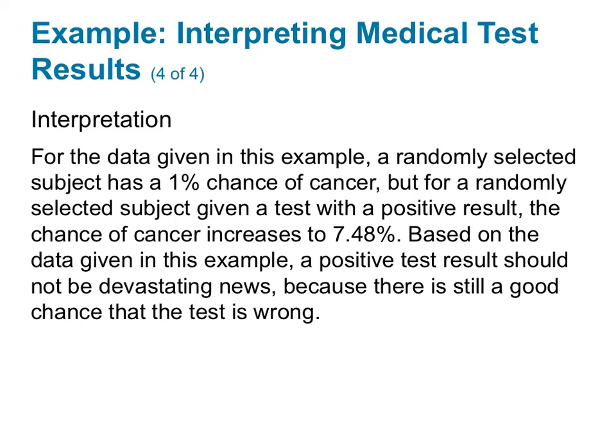Now, again, this was a hypothetical situation. I would hope that in real life, if someone got a positive test result, it would be more correct. In this case, the chances did not go up very much, and you can see that here. It went from 1% chance to only a 7.48% chance.